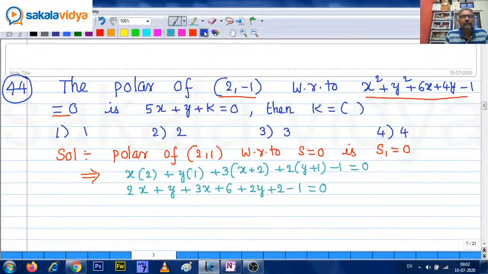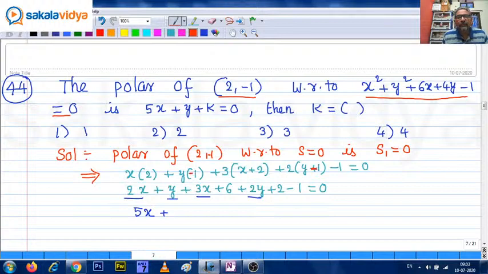So now 2x plus 3x, 5x, y plus 2y. Sorry, I made a mistake here. This is (2, -1).